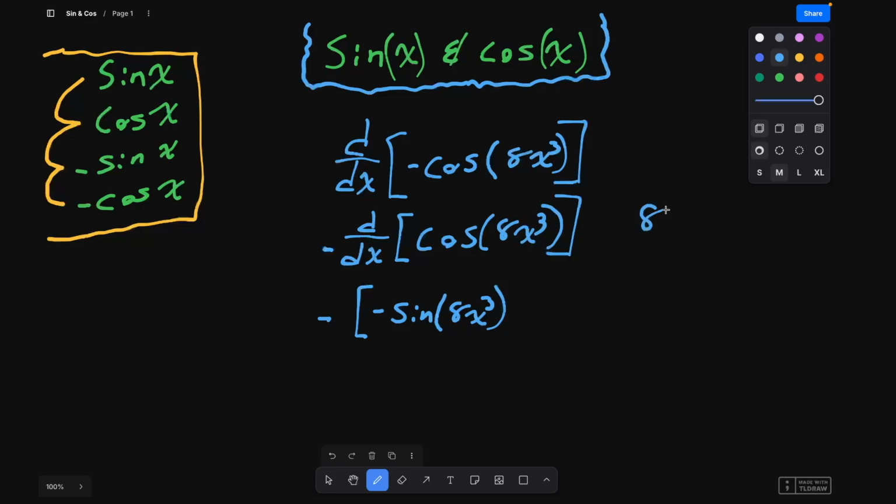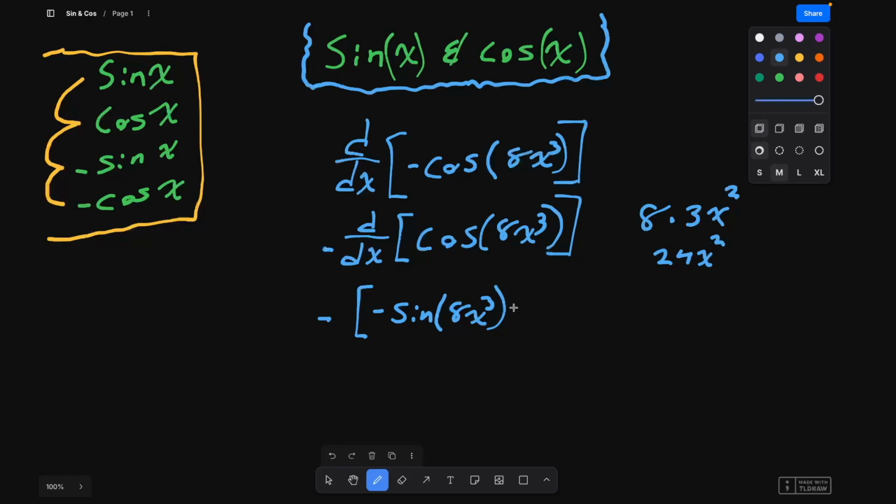So we're going to pull the 8, the constant 8, out front, and then we have the derivative of x cubed. The 3 comes down, and then we have 3 minus 1, so x to the 3 minus 1, which is 2. 8 times 3 is 24, so we have 24x squared.